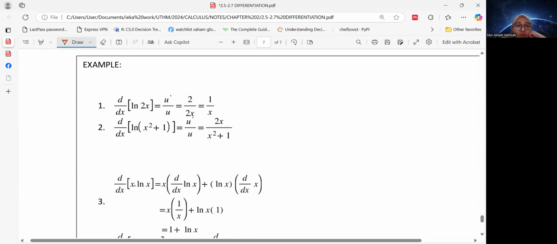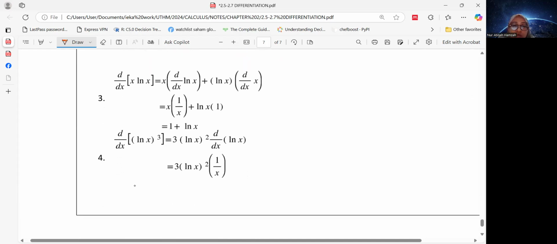So our u prime is 2, because this is our u, 2x. So u prime over u is 2 over 2x. So we simplify, it becomes 1 over x. So d over dx ln of x squared plus 1. So u prime over u, our u prime is 2x and u is x squared plus 1.